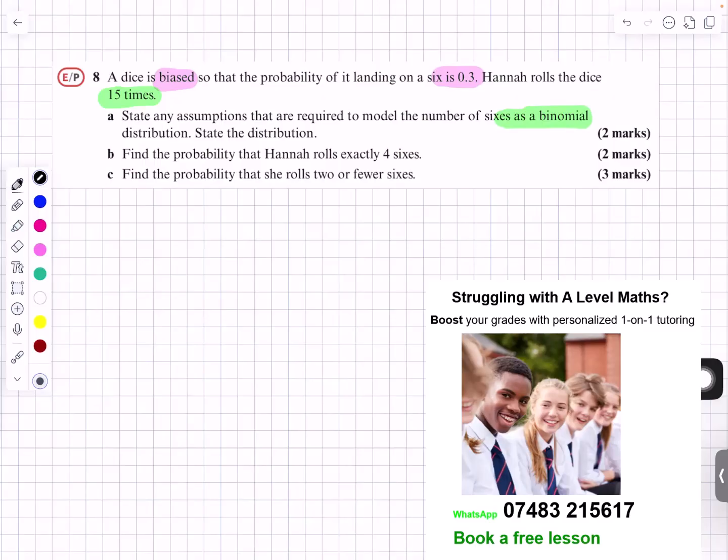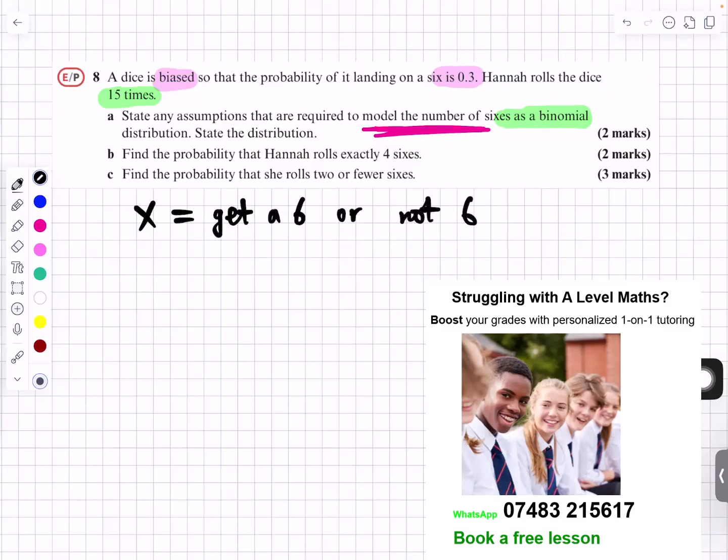So it can take two values. What you want to model is the number of 6s. So your X, which is your random variable, is equal to either you get a 6 or not a 6. Think of it that way.